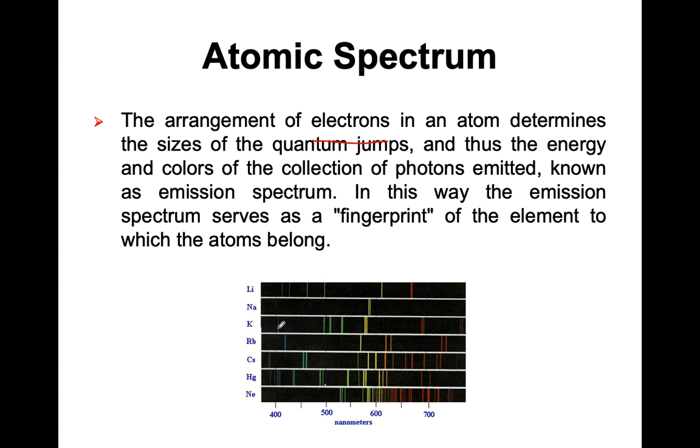In this way, the emission spectra serve as a fingerprint of the element to which the atoms belong. As shown in this spectra below, each element can emit a unique set of light of particular wavelengths, so the pattern of the light naturally becomes an identity of the element, and we can detect the presence of a certain element according to this light pattern by atomic absorption spectroscopy.